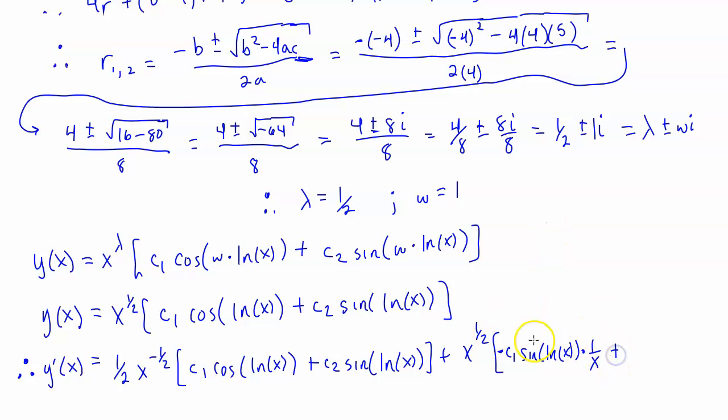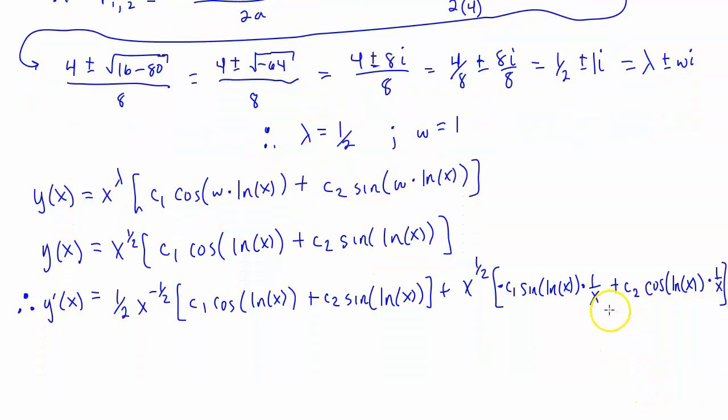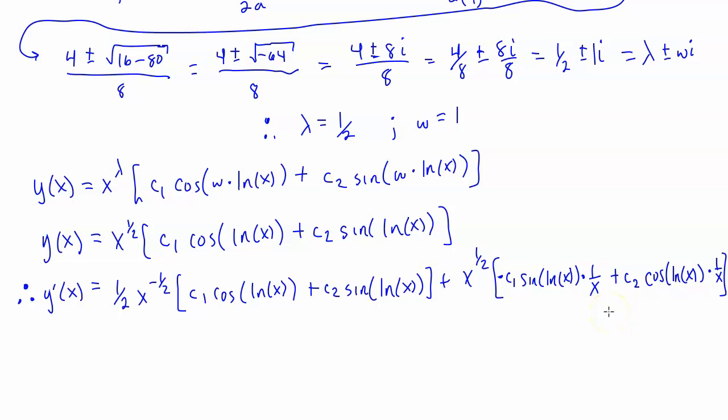We do the same thing again. We have c2, derivative of sine is cosine, and then multiply times the derivative of the inside function, which is 1/x. So now that we have that, we're not going to try to simplify anything.